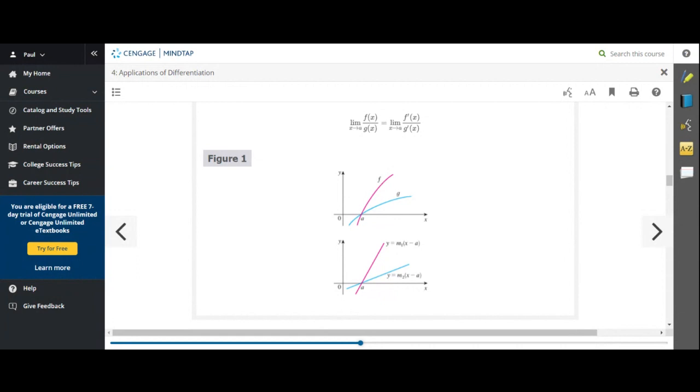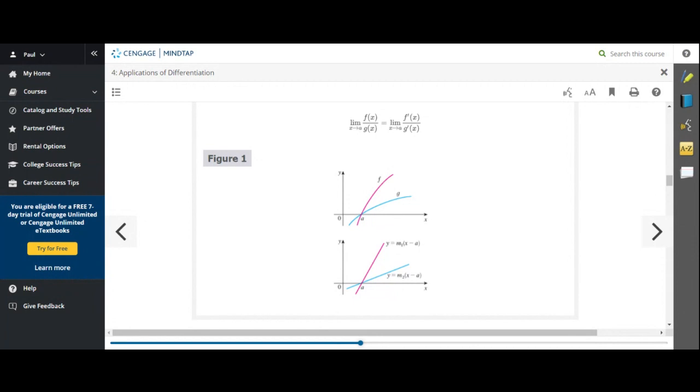And the equation of a line you can always find. You have a point on both of the functions f and g, the point (a, 0), and you can find the slopes of those tangents at the point (a, 0) by taking the derivative of f and g.